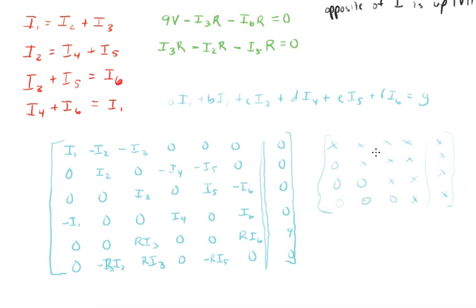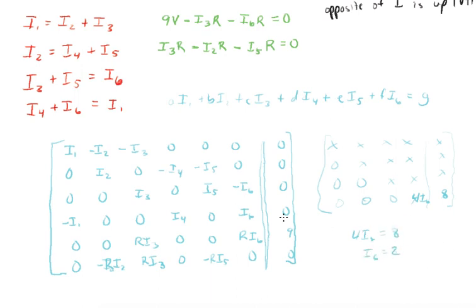Say this was I6, and there was a 4I6 here and an 8 here. Then you would know that 4 times I6 equals 8, and that I6 is 2.